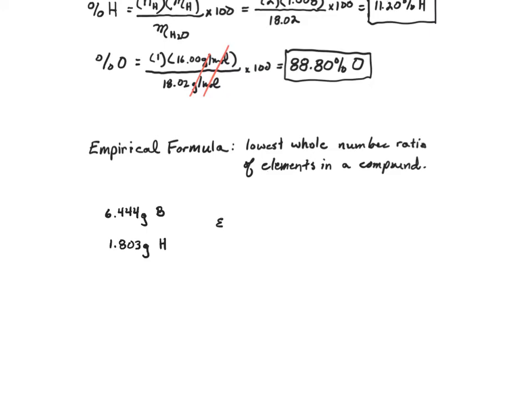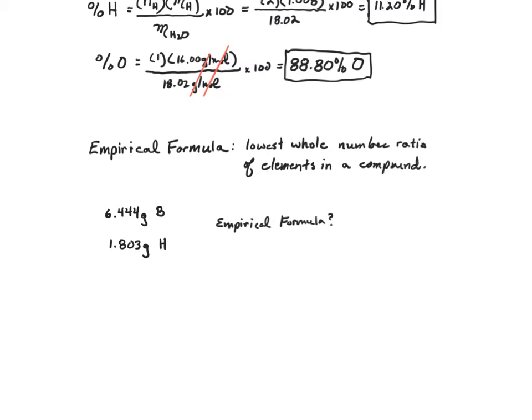And we want to know what is the empirical formula from this information. Well, the way we're going to do that is by working backwards from what we did before.